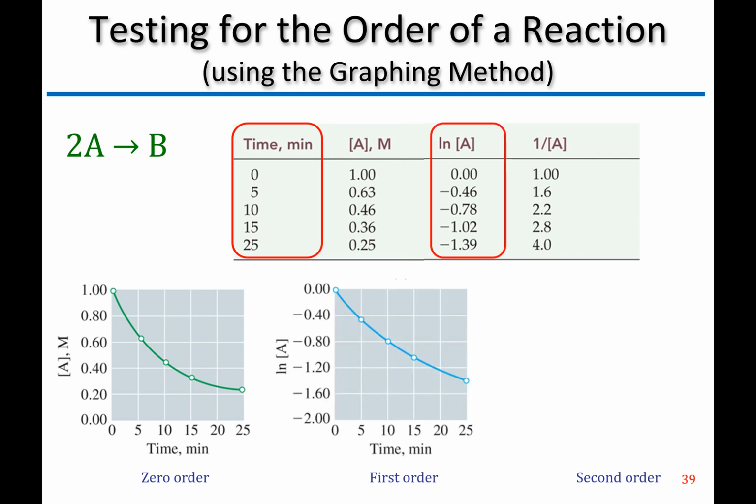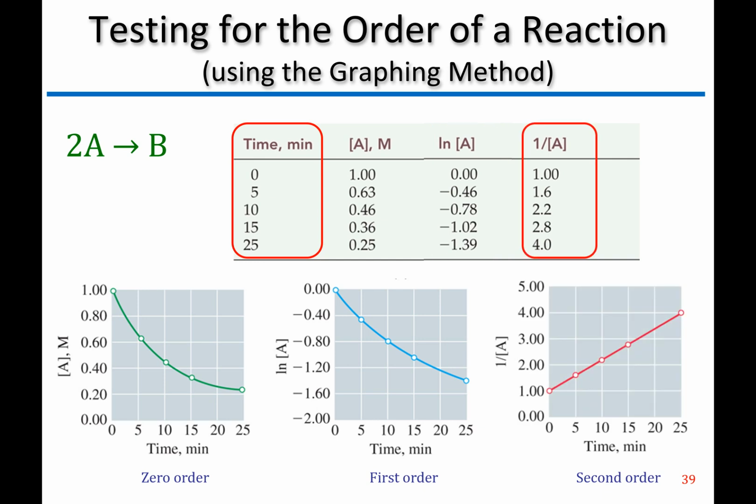Then I'll plot the natural log of A versus time, and lastly I'll plot 1 over A versus time. And if I would like to know what the reaction order of this reaction is, what I want to do is look for the linear plot, or the most linear plot. In other words, look for the one that has a slope that's a straight line.